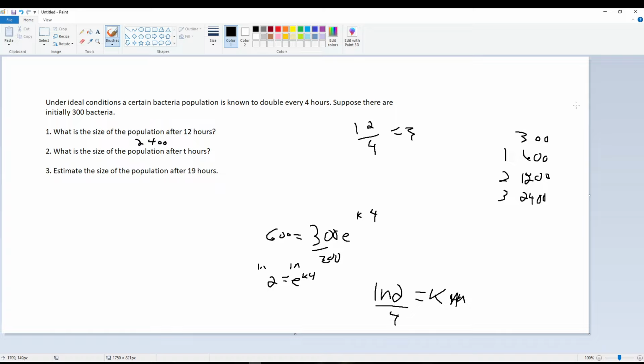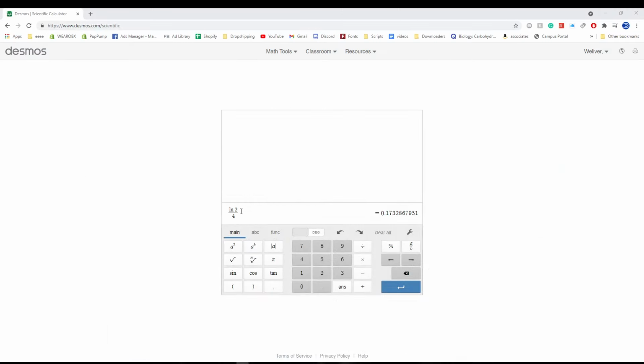So let's plug this into Desmos real quick. I have natural log of 2 divided by 4. You're going to get this answer. That's my answer.